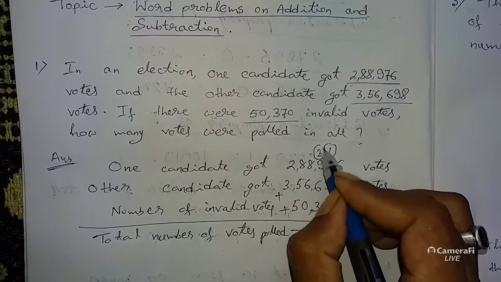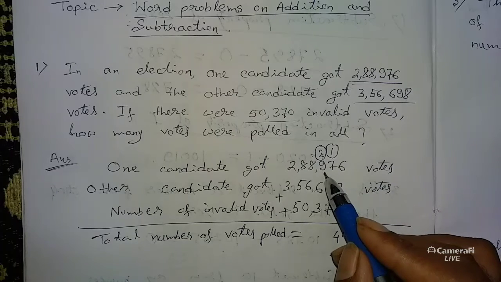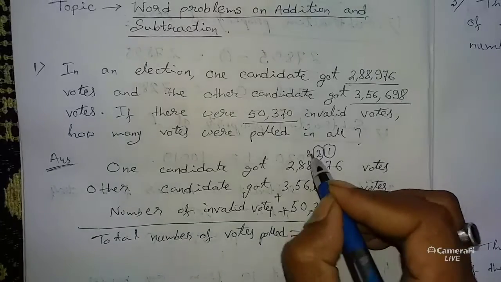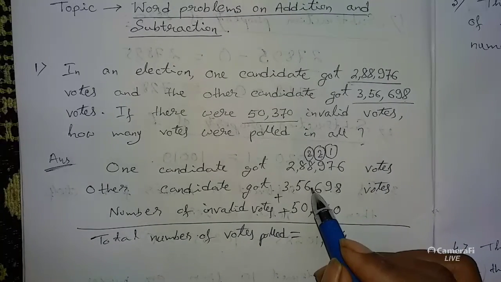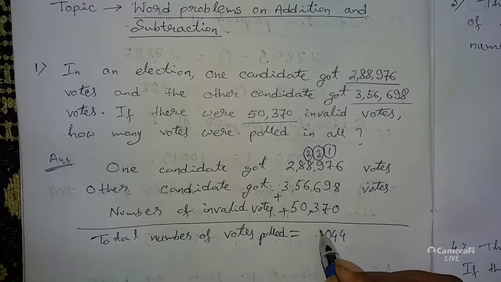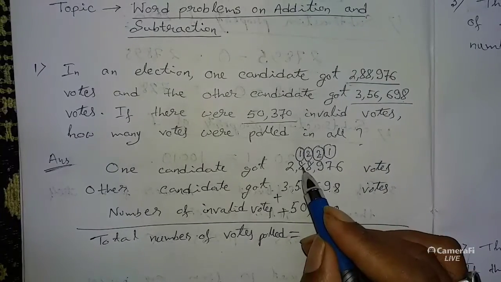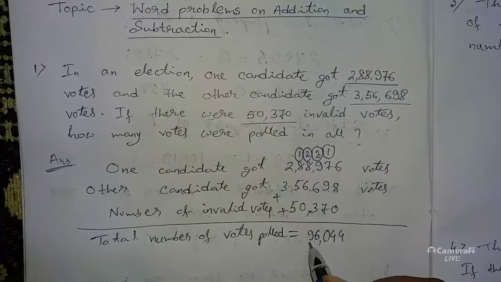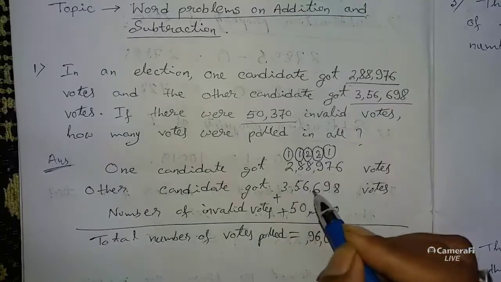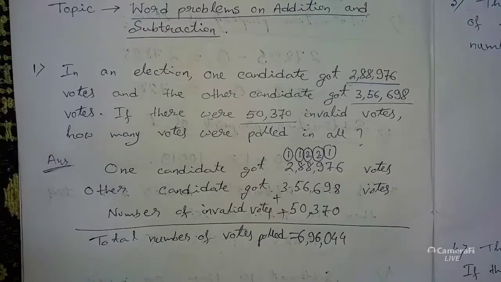Now 2 carry. 3 plus 6 is 9, 9 plus 9 is 18, 18 plus 2 is 20, 0, 2 carry. 0 plus 6 is 6, 6 plus 8 is 14, 14 plus 2 is 16, 6, 1 carry. 5 plus 5 is 10, 10 plus 8 is 18, plus 1 is 19, 9, again 1 carry. 2 plus 3 is 5, 5 plus 1 is 6, 6.